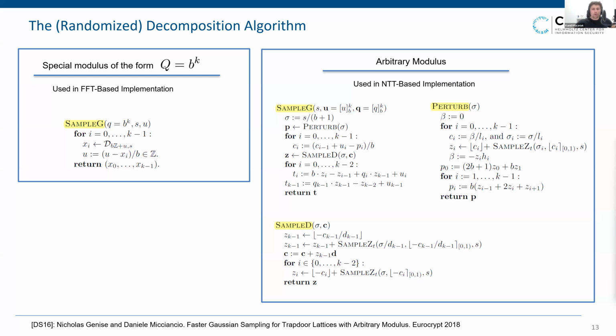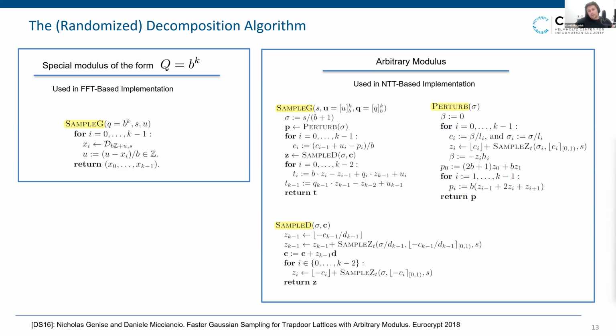So the algorithm on the left is specialized to special moduli that are of the form b to the k for some base b, for some k. So for example, it can be a power of 2, and this is what we are using in the fast Fourier transform based implementation. So it's very nice and very simple.